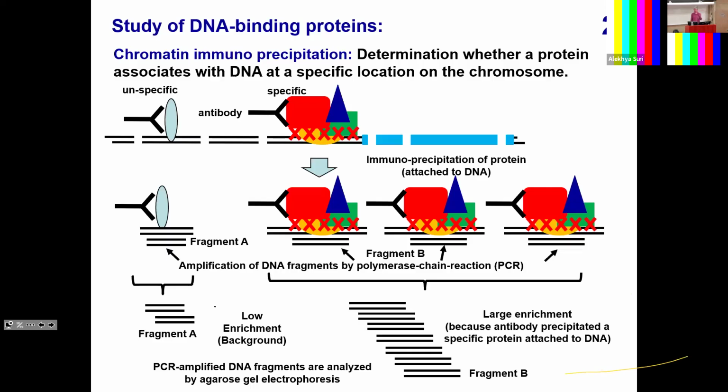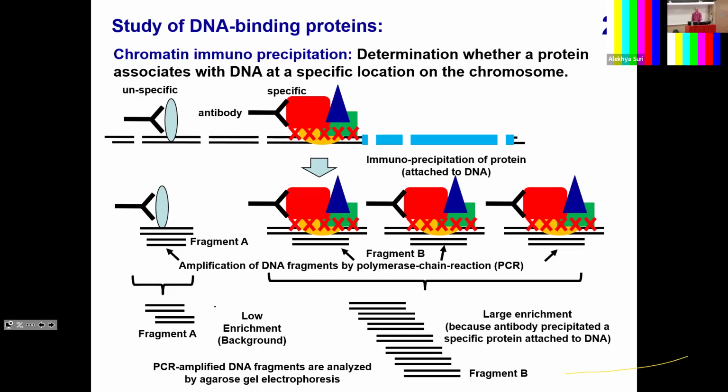Immunoprecipitation means the antibody will be bound to, because the antibody itself is small, the protein is small, to do a precipitation, the antibody will be bound to a large particle, a bead. So it's not just one bead, these are multiple beads. They are small when you look under the microscope, but they are much larger compared to the protein and the DNA.